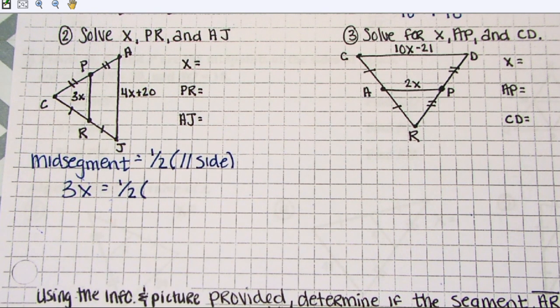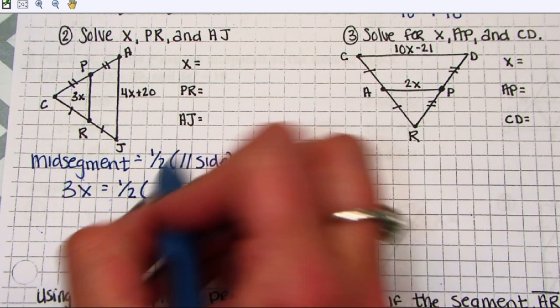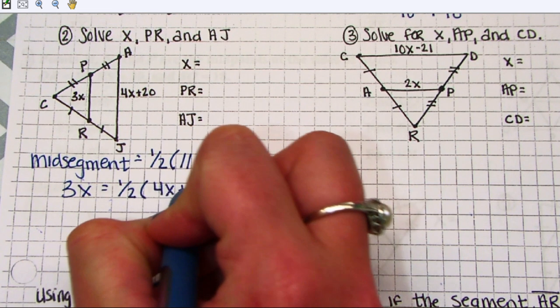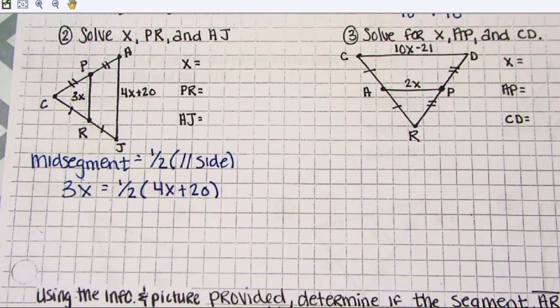What's our parallel side? 4X plus 20. So to start this problem, the first thing you have to do is actually write the equation. That's step 1, write the equation.